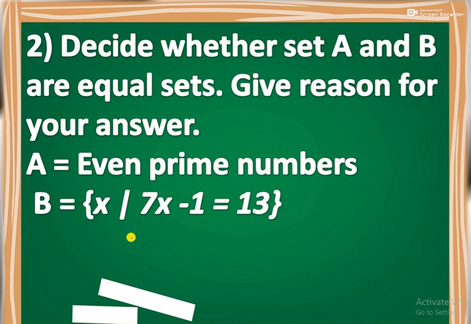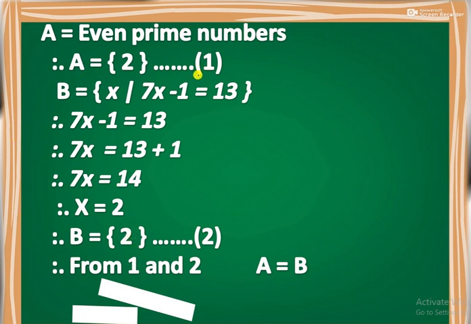Let us move on to the second question. Decide whether set A and set B are equal sets. Give reason for your answer. So let us check. Set A is equal to the even prime number, that means the answer will be 2. And for set B we have to solve this equation, 7x minus 1 is equal to 13.